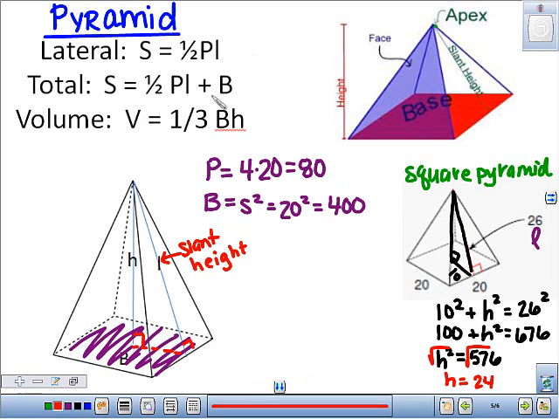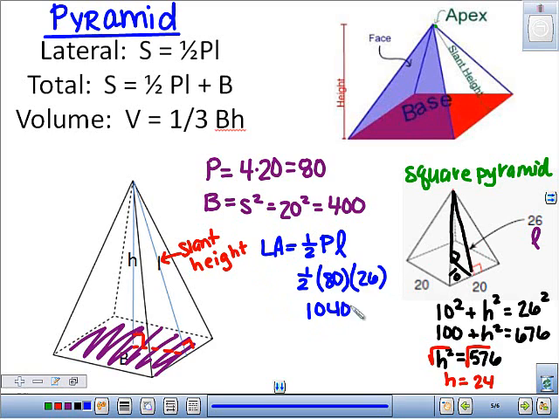So now we have all the variables needed to answer these questions. So I will first do lateral area. So that is 1/2 perimeter of the base times the slant height. That is 1/2. We said P is 80, and slant height was given to us as 26. So half of 80 is 40 times 26 is 1040. We weren't given measures here, so we'll just say units squared.